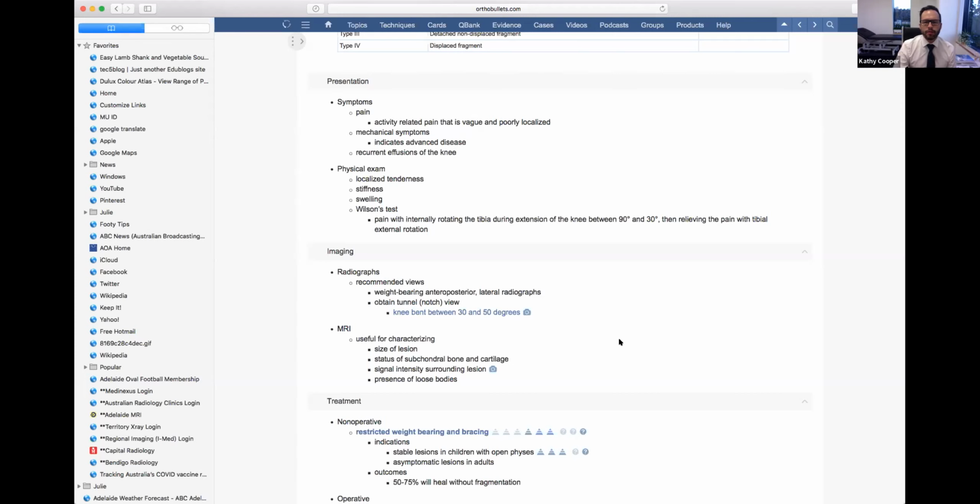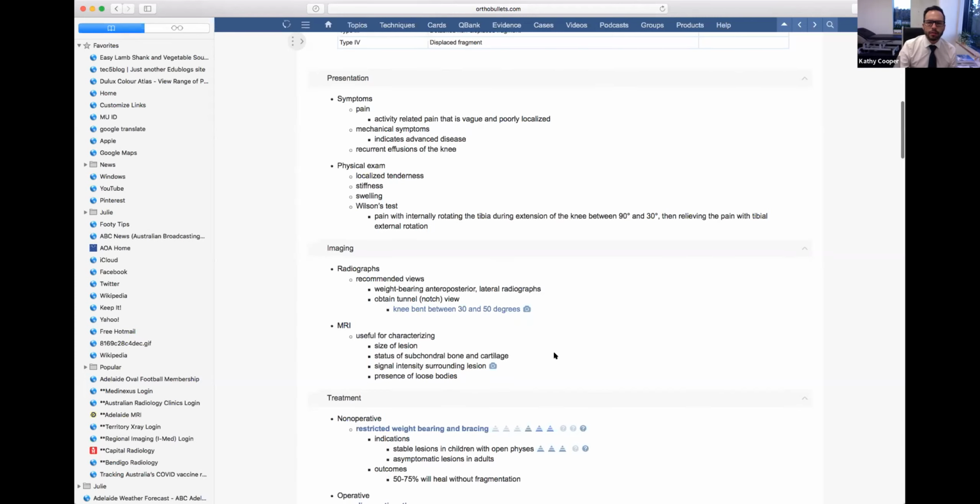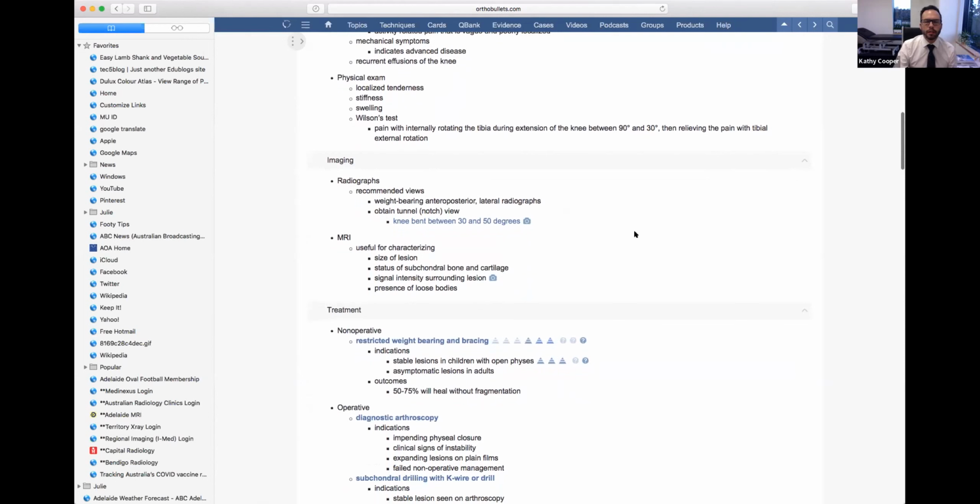This will give you a very good indication of what sort of lesion we're dealing with. In fact, it's probably better than arthroscopy because it gives you an idea of what the bone looks like behind the lesion, what the state of healing is, and can give you an idea how long we're going to be treating the patient for with conservative measures.